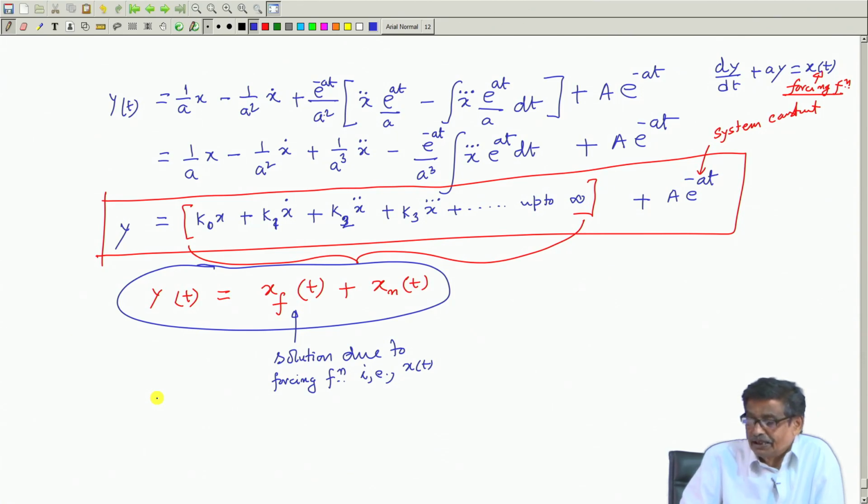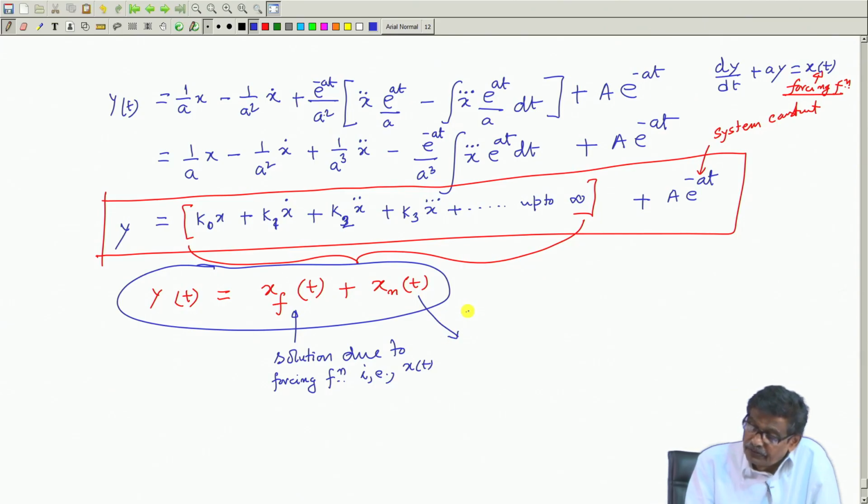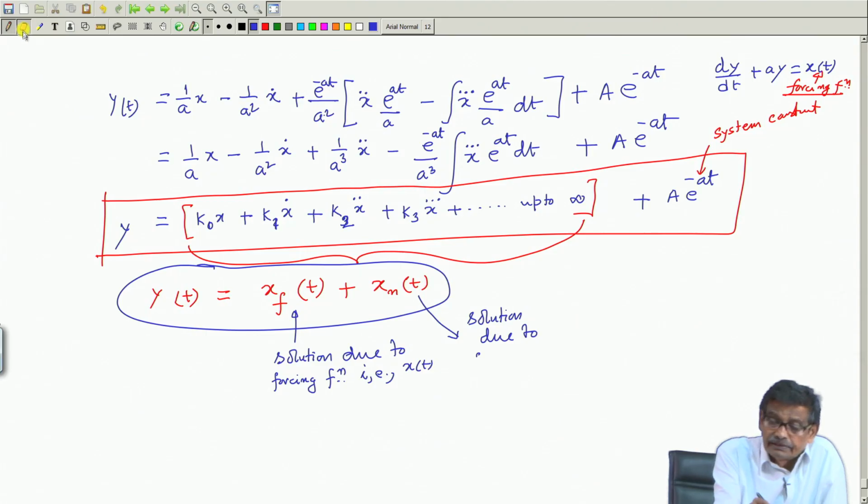That looks like a daunting task, but we will see how simple it will become. And this other part of the solution is called the solution due to natural response. Solution natural response, let us write it like that.